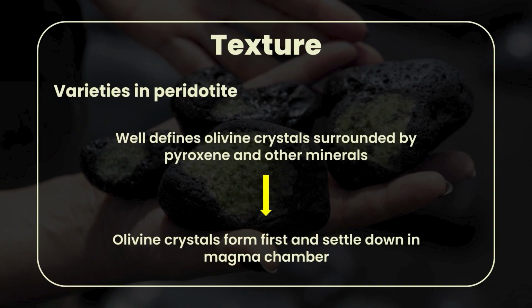I hope you remember Bowen's reaction series, in which olivine crystallizes early at high temperature, whereas pyroxene and other minerals crystallize at a later stage. Since olivine crystallizes early, it can get surrounded by pyroxene and other minerals. So, olivine crystals form first and settle down in the magma chamber.